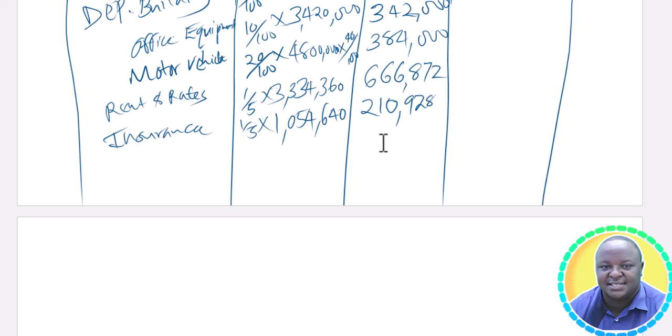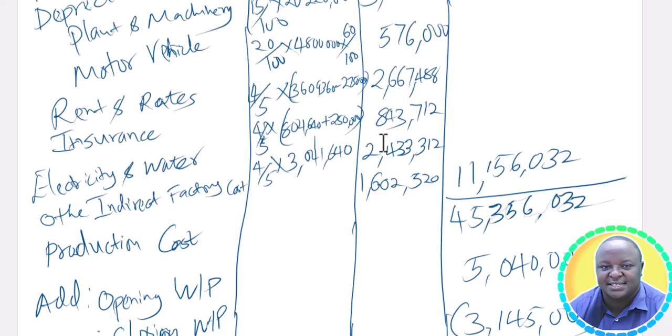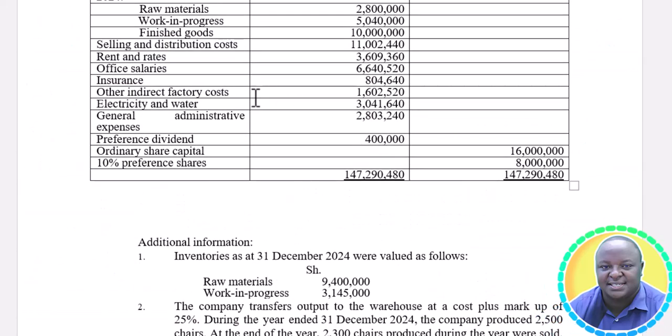Times 1 divided by 5, you are going to get 210,928. And then we have electricity and water, same as 1/5 times. I think in electricity and water we have no adjustments, so we'll go with the figure that we have. That will be 3,041,640.